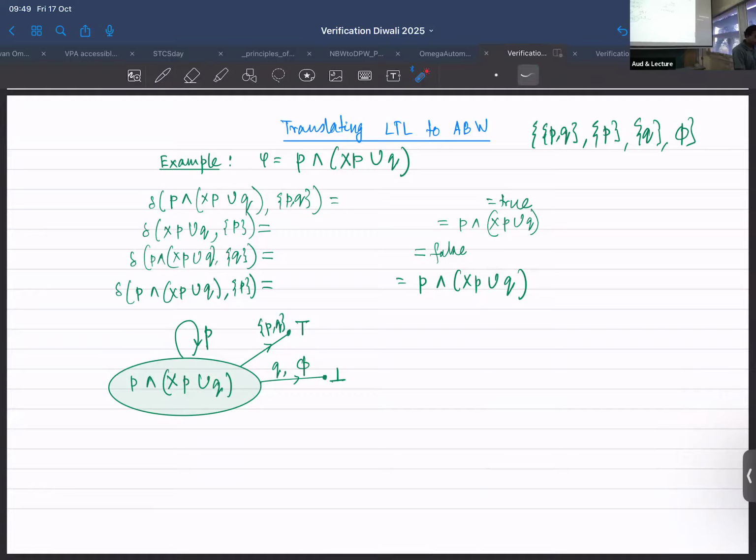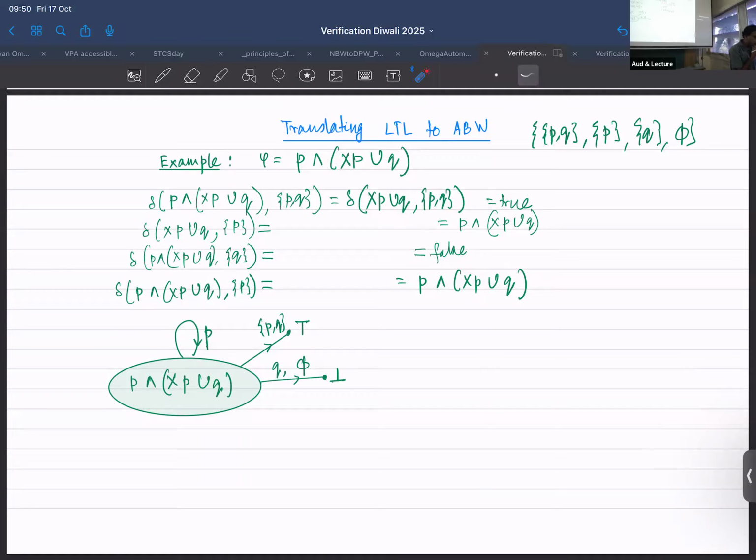And delta of XP until Q, comma PQ, that is also true, because here itself you are seeing the Q, and then you see the PQ for this until formula, so this leads to true. Okay, so what about delta of XP until Q, comma P?